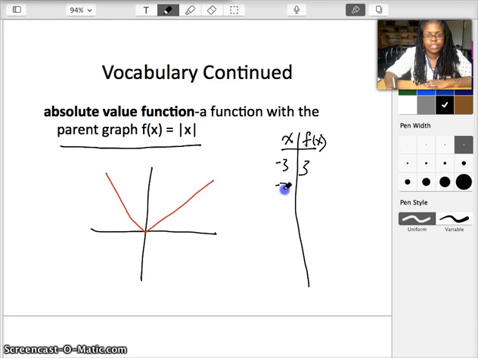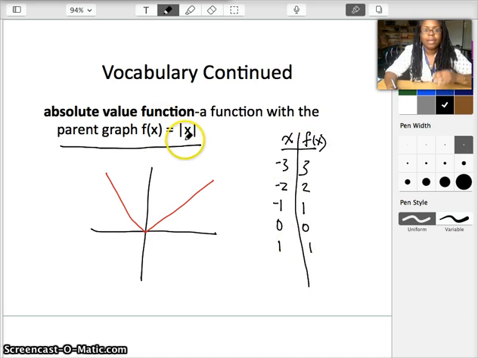If x is equal to -2, the absolute value of -2 is 2. How about -1? You got it. 0, yep. 1, +1. Notice f of x in this case can never be negative because the answer to an expression that has absolute value around it could never be negative. So I can keep going on like this for the rest of my life.